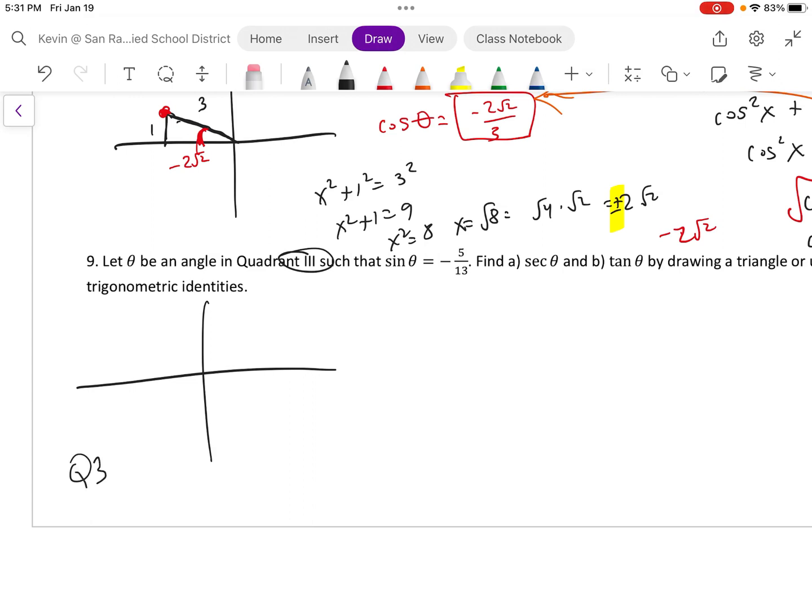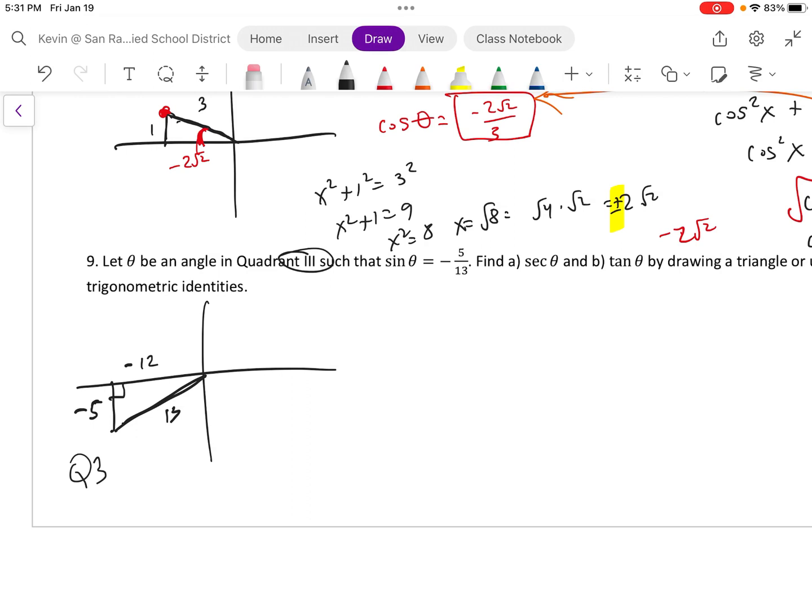Quadrant 3. Hypotenuse is 13, and our y value is negative 5. If you have a right triangle and one side is 5 and the hypotenuse is 13, the other side is 12, special right triangles.